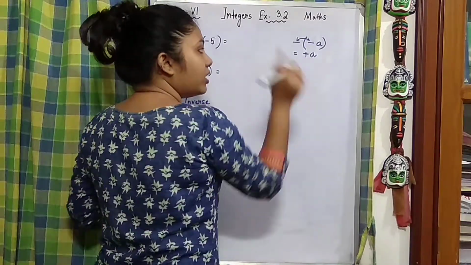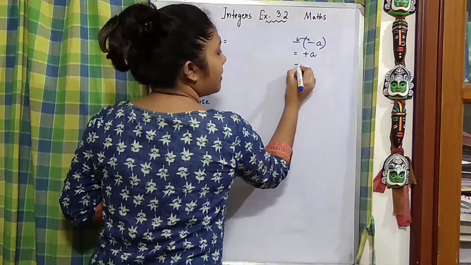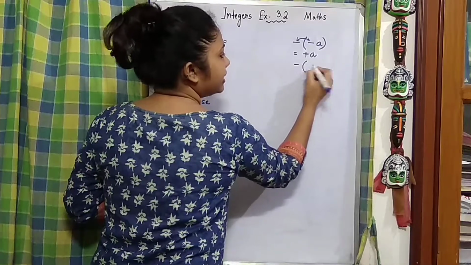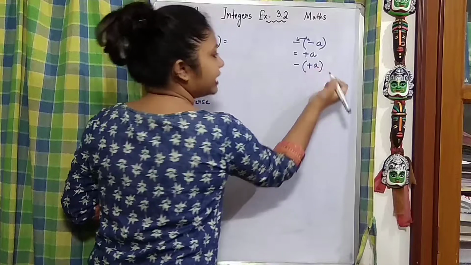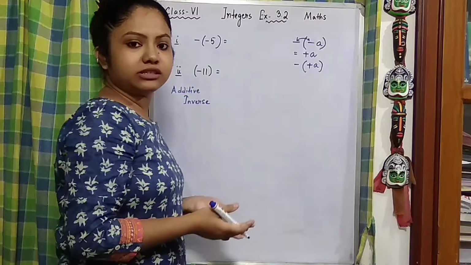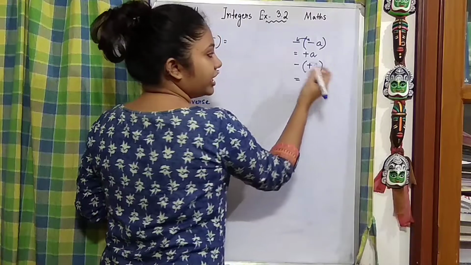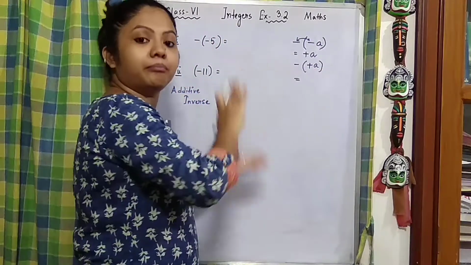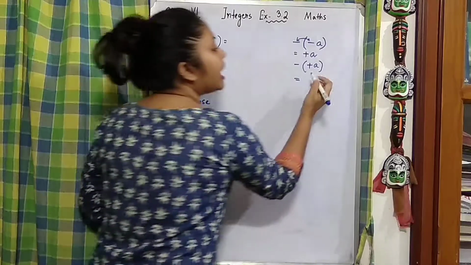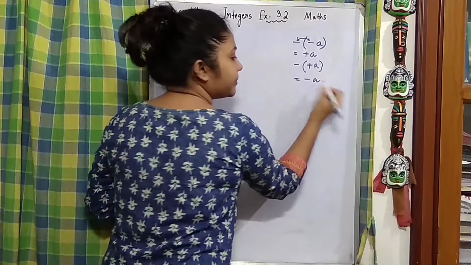Now again, if there is a minus outside and a plus a inside the bracket, what will the answer be? Minus interacting with plus gives minus a.